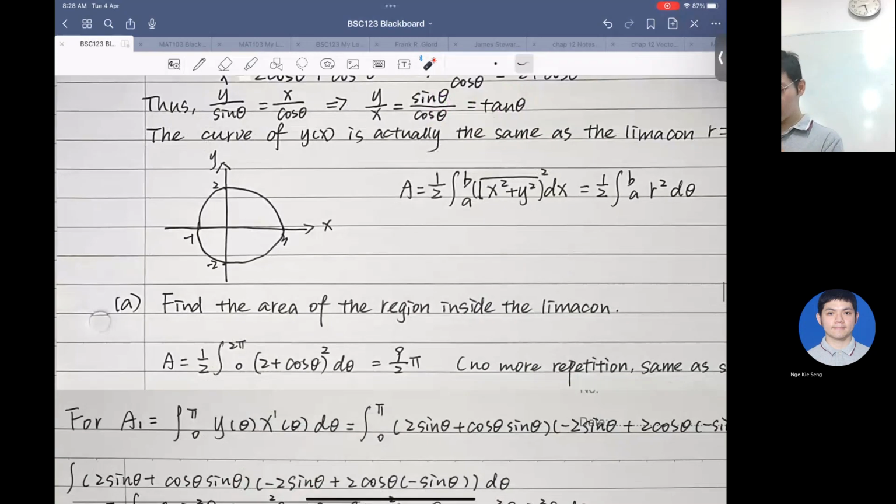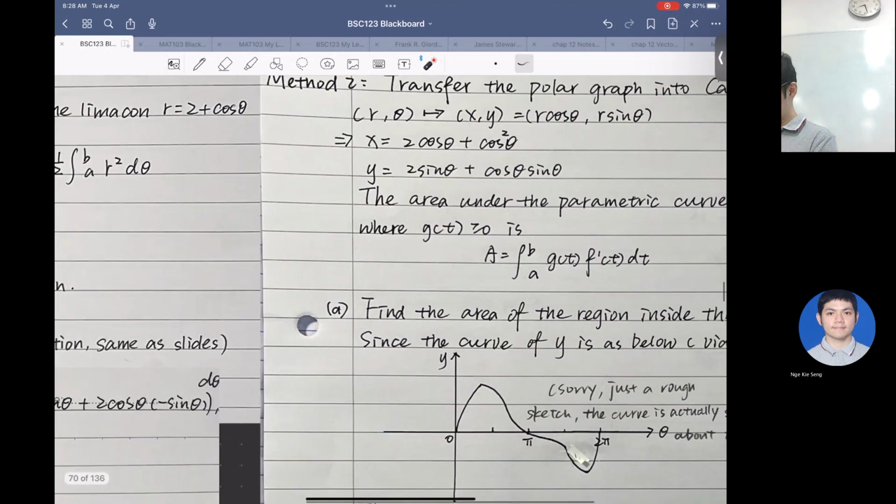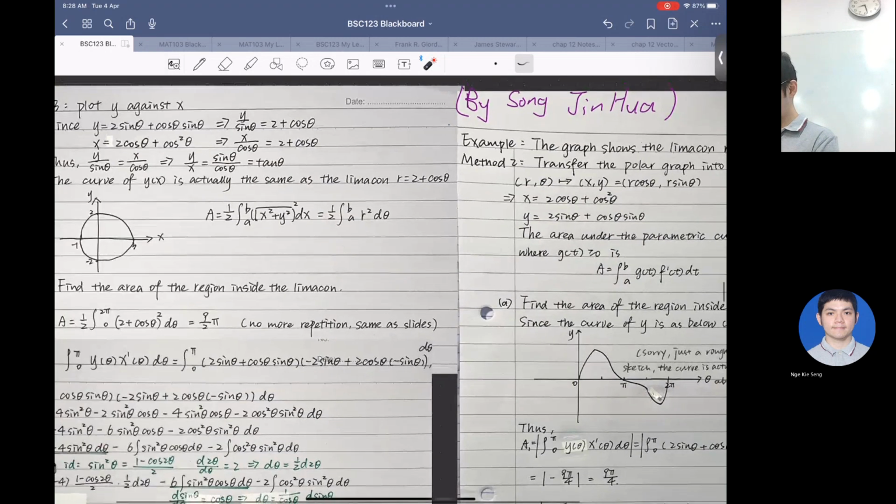There are two graphs they draw. First of all, the y to x graph should be the same. This is what we discussed just now. In the xy plane, whether you use polar coordinates or xy coordinates, they should be the same. Somehow they also draw this y versus theta graph, which I think is quite nice. You can see how y changes against theta, and that this curve loops around this circle.